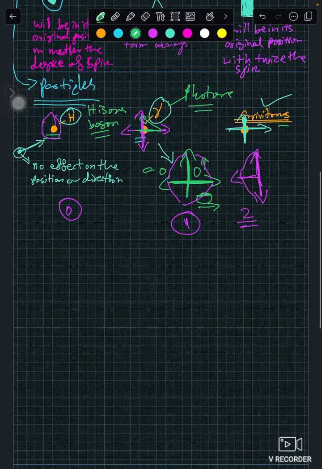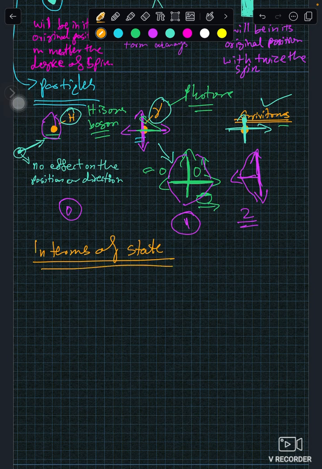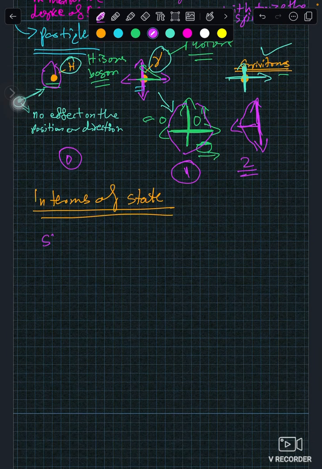In terms of state, Higgs boson has state number 0, as there is no change in position or direction even if you spin it 360 degrees.